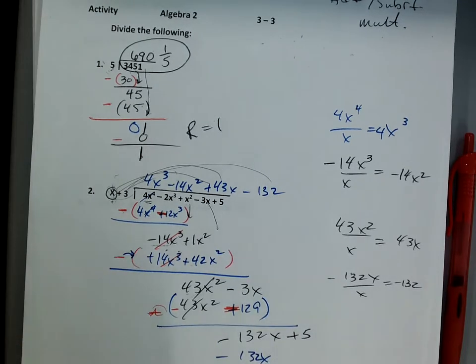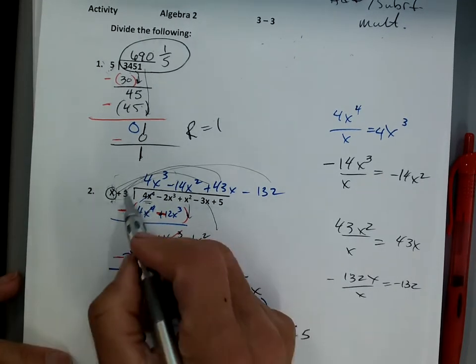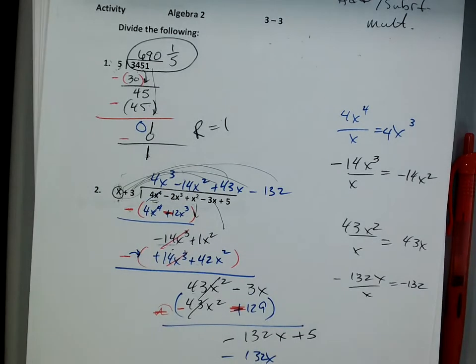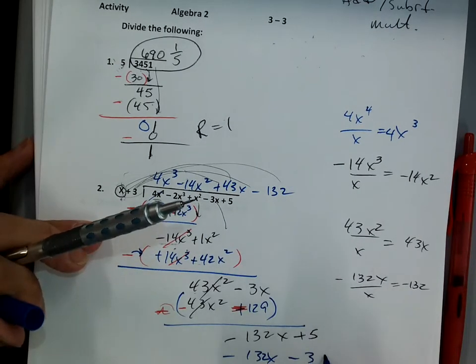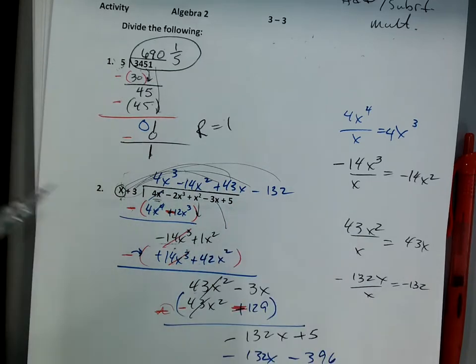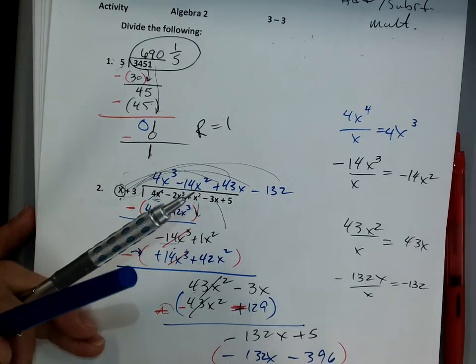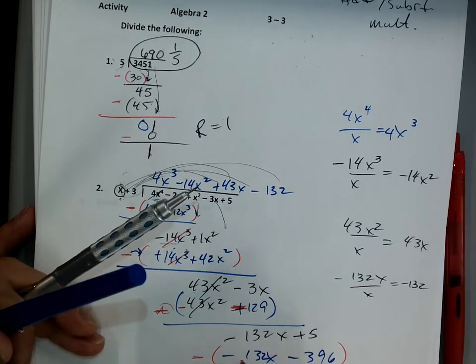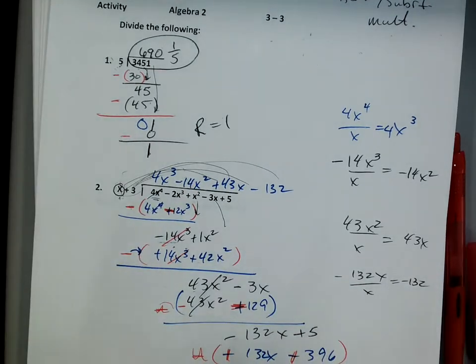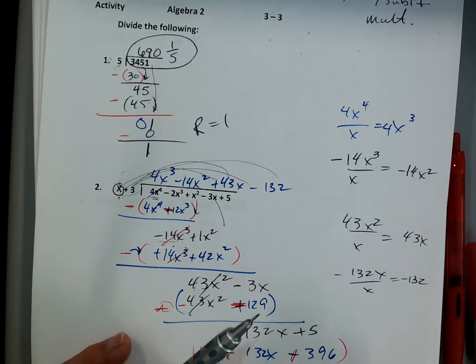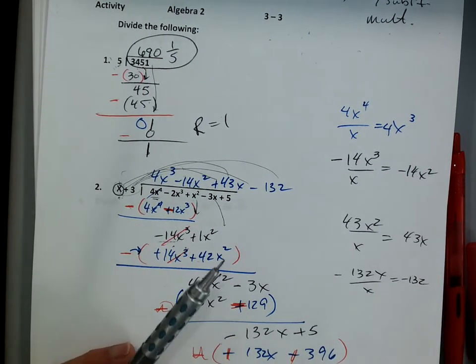And 3 times 132 is 396, and it's going to be a negative 396. I'm going to subtract, but you see all the double negatives, so I bring the negative through and it becomes positive, right? And then I wind up with 401.